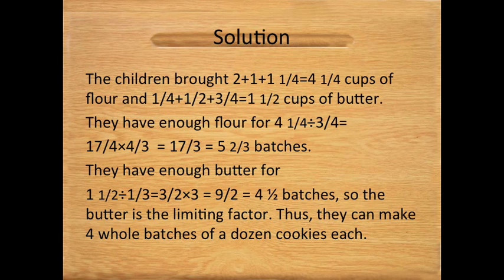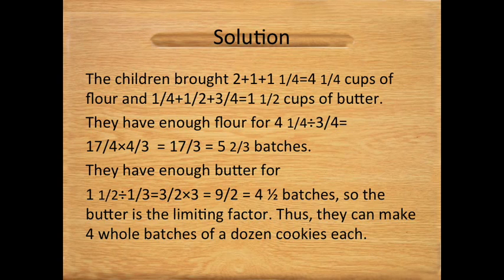Since the ratio has to be 3/4 to 1/3, the butter is the limiting factor here, and we can only make 4 batches of a dozen cookies. Although we have enough flour for more, the limiting factor here is the butter.